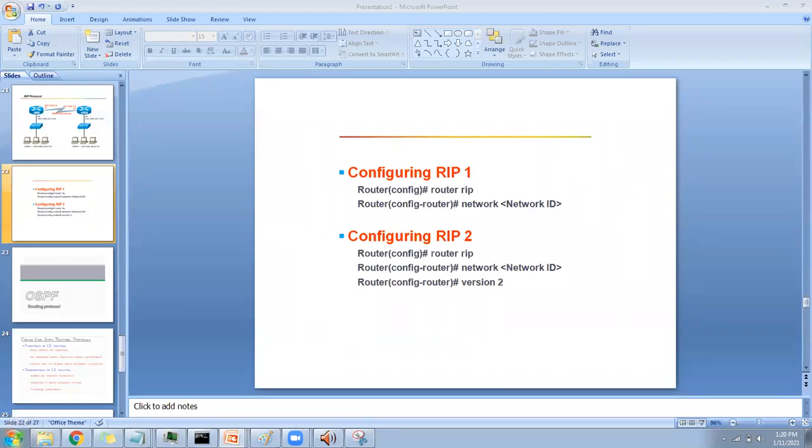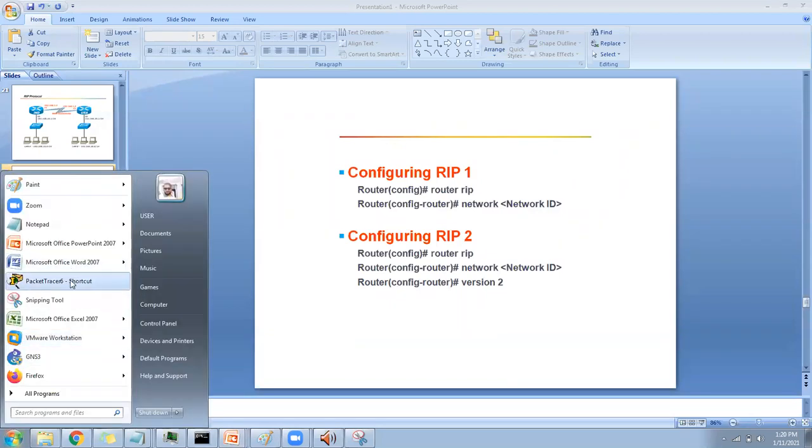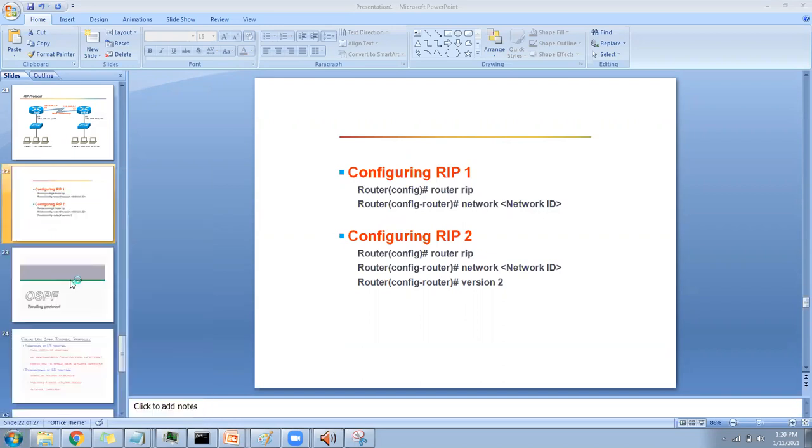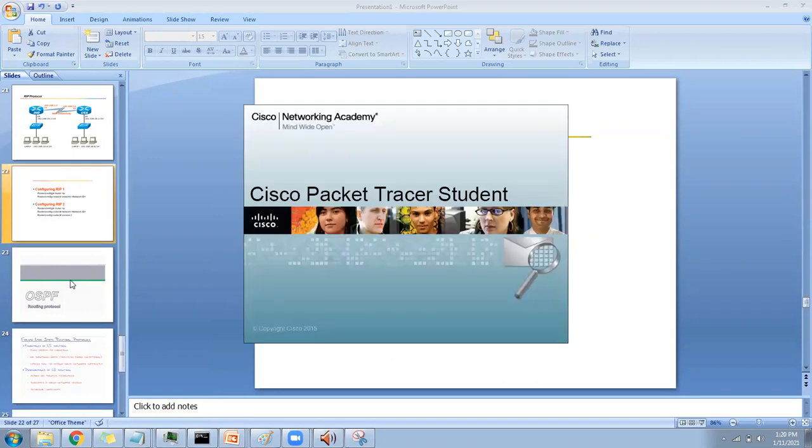start the Packet Tracer, so we will see our diagram. In Packet Tracer, if you remember, you can make a base topology and use that topology multiple times. Okay, it is still opening.